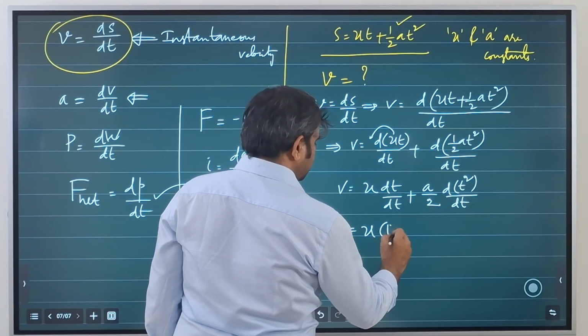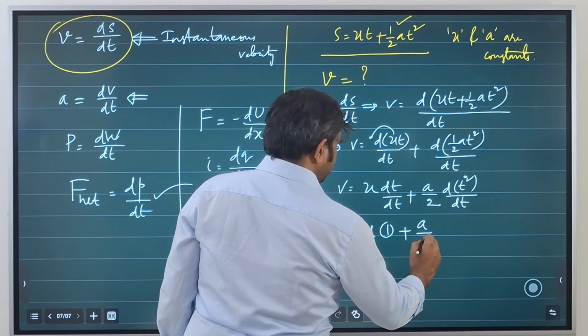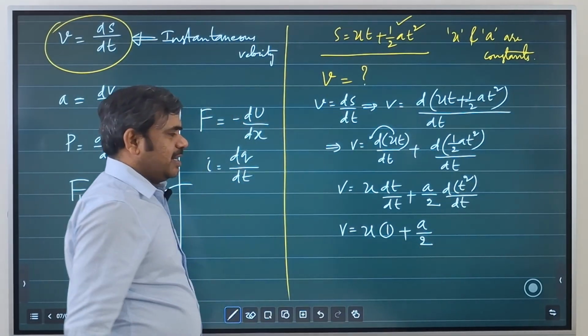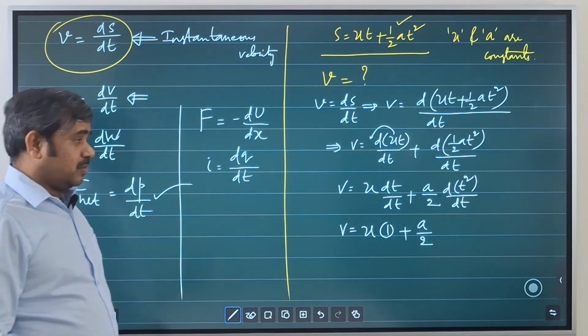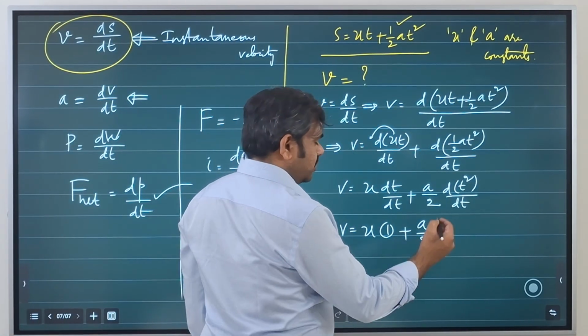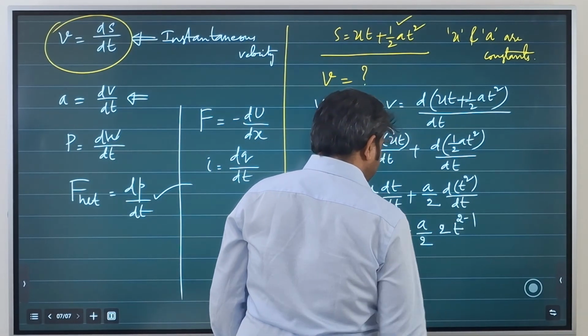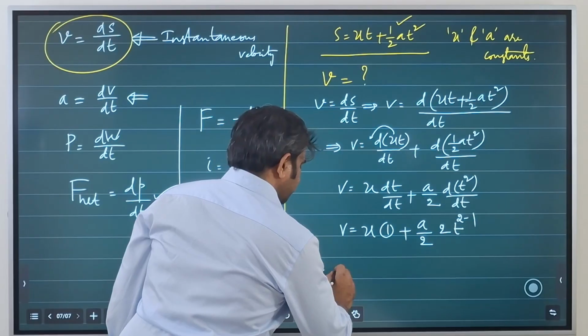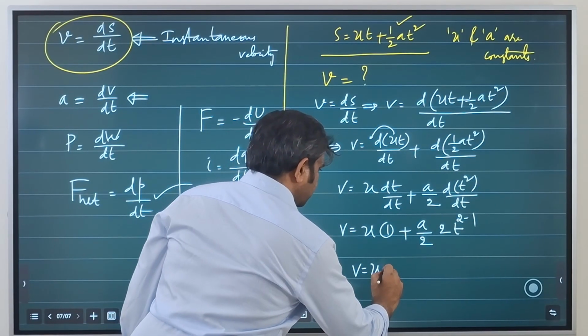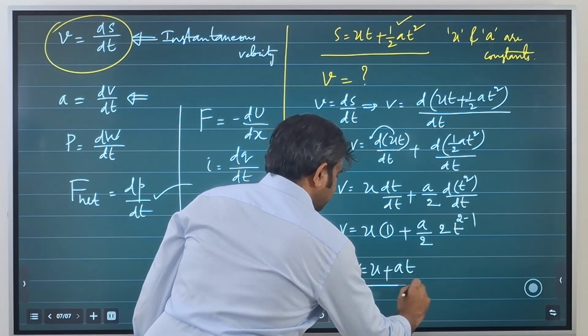So v is equal to u into 1 plus a by 2 into d of t square by dt. You know the x power n formula, n into x power n minus 1. So 2 into t power 2 minus 1. Simplify this, you will get v is equal to u plus at.